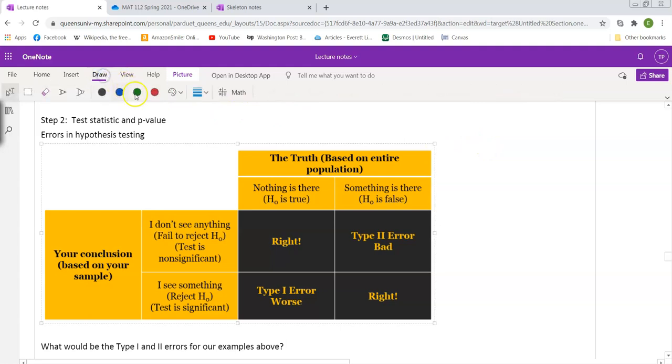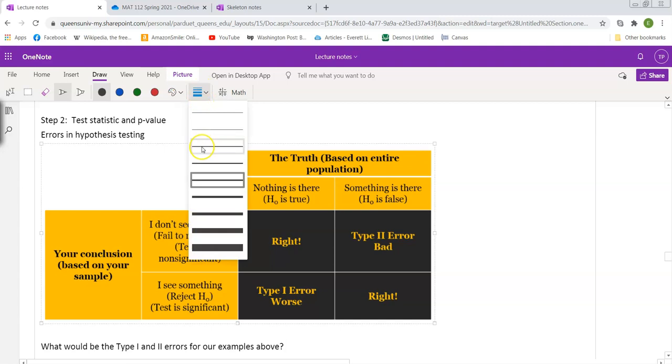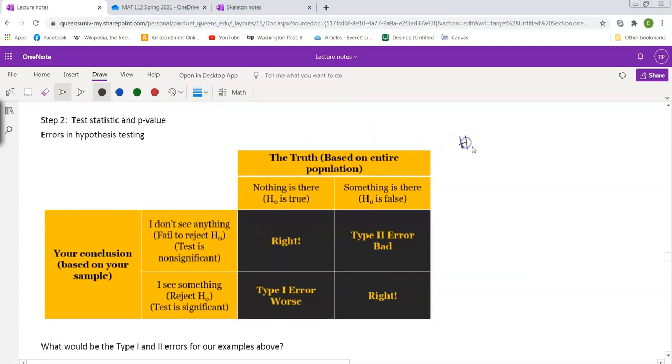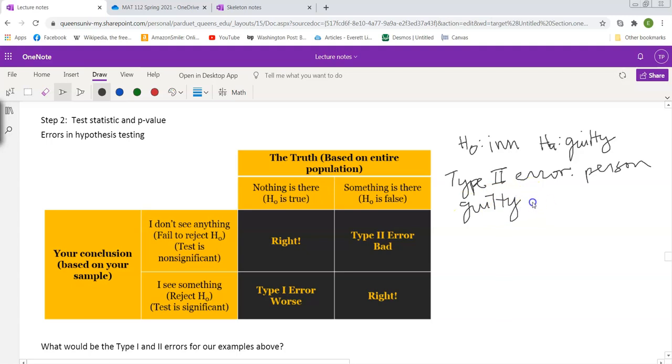All right, so if we put it in the context of the court case, if we say that H0 is innocent and HA or H1, they're the same thing, is guilty, a type 2 error would be: H0 is false, meaning the person is guilty, but we failed to reject H0, but we didn't convict.